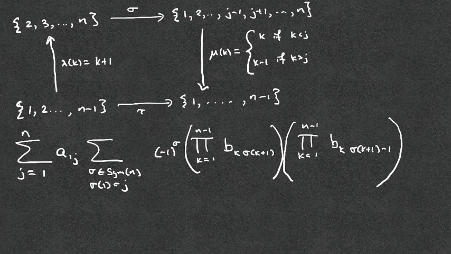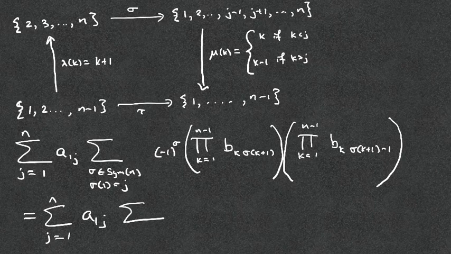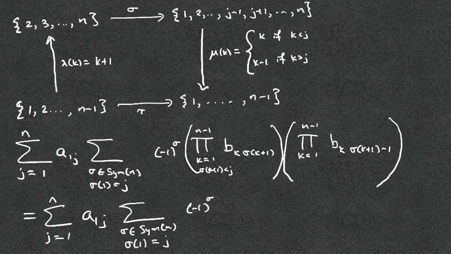And so what that's going to look like, we still have our sum, j goes from 1 up to n, a sub 1j. We still have our sum, sigma in the symmetric group on n elements, where sigma of 1 is going to be j. We've got our minus 1 to the sigma. And now, since sigma of k plus 1 is going to be less than j, nothing is going to happen with our mu. So our k plus 1 looks like our lambda, then we're applying sigma, and then our mu of k plus 1, since we're less than j, nothing happens.